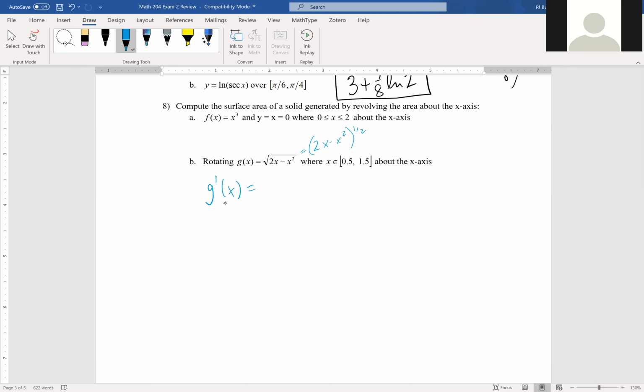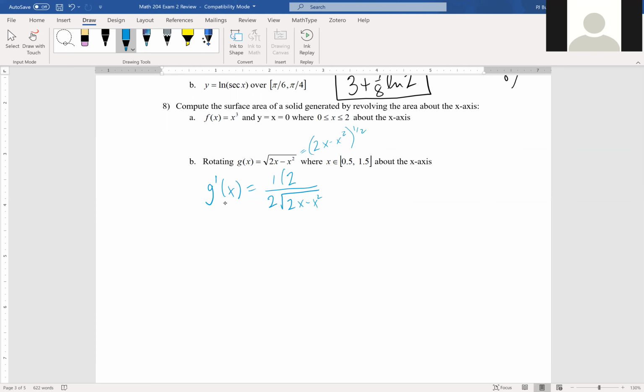So that's the chain rule, I believe. Okay, so you bring the 1/2 down in front, right? Mhm. You would subtract 1 from the power, so it'll be negative 1/2, which just means put it down in the denominator. And besides that would be 2x minus x squared. So that should be the derivative of the inside, right?